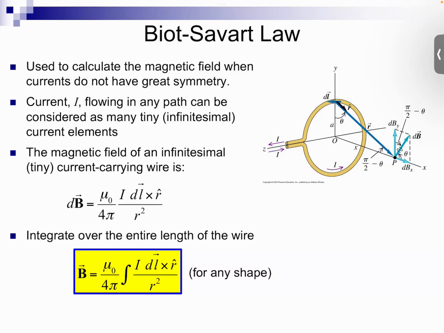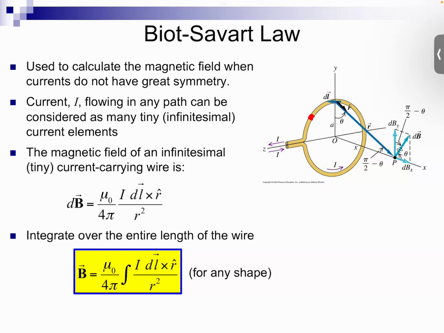Biot-Savart law is evaluating this integral, and the whole idea is if you have this shape, for example, a circular loop here, you can divide that circular loop into small lengths, and you evaluate the magnetic fields of those small individual lengths, add them all up. Hence, you have this integral here.